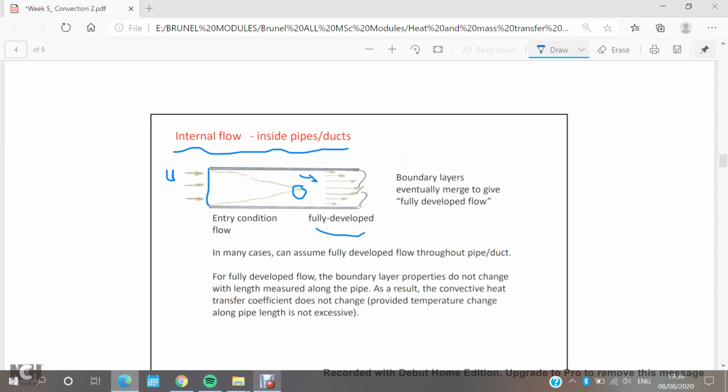Let's say for example that the flow starts laminar, and then it will go to the transition mode as we discussed in the previous video, and then it will be fully developed flow after the merging point of these two boundary layers.